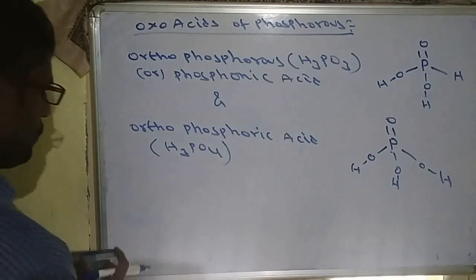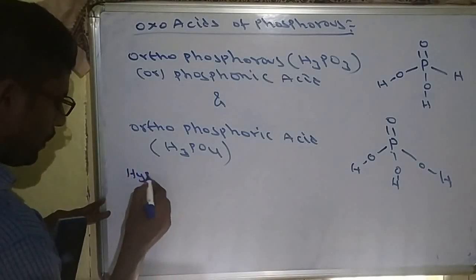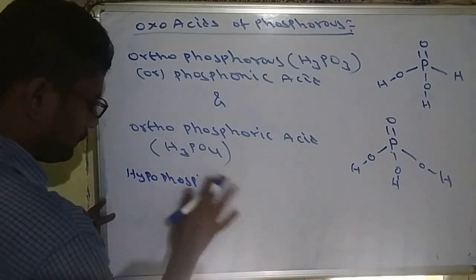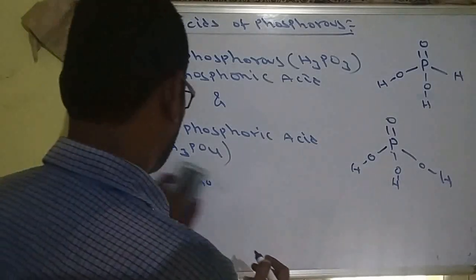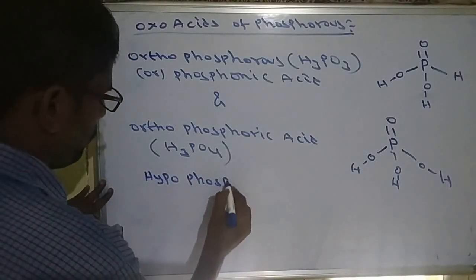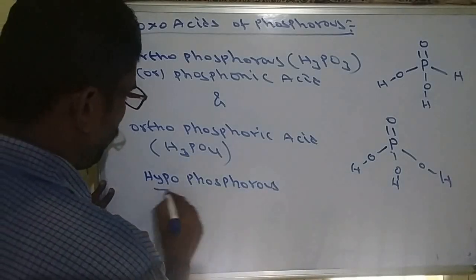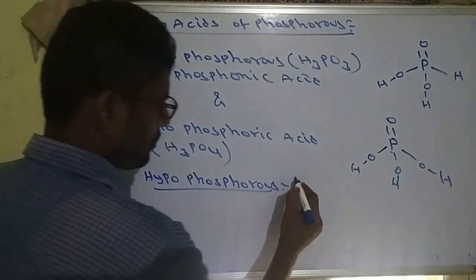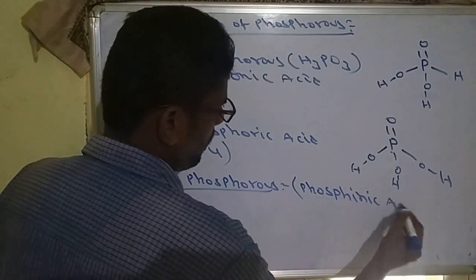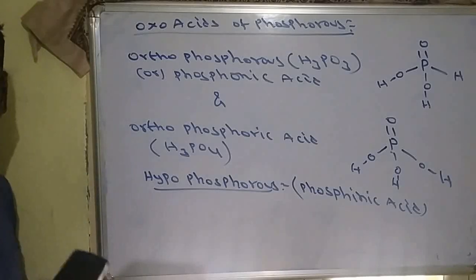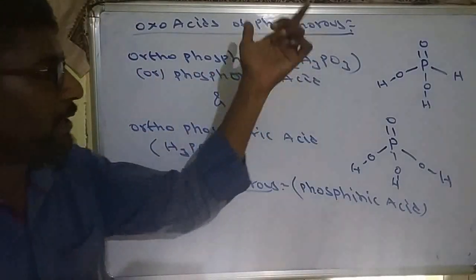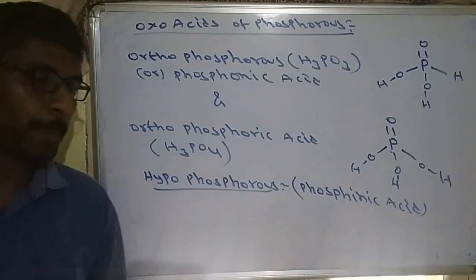So suppose the question is asking about hypophosphorus acid, which is also called phosphinic acid. So we have to identify this formula. Phosphorus formula is H3PO3, but asking about hypophosphorus.